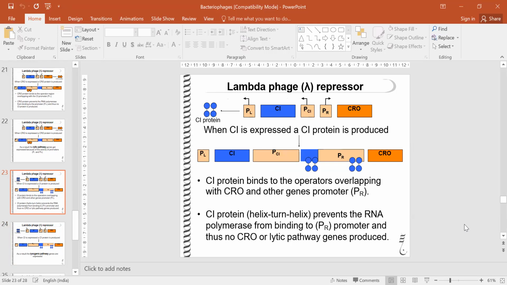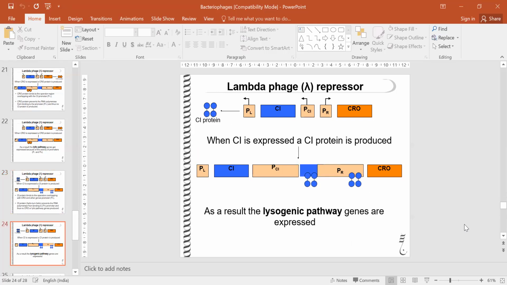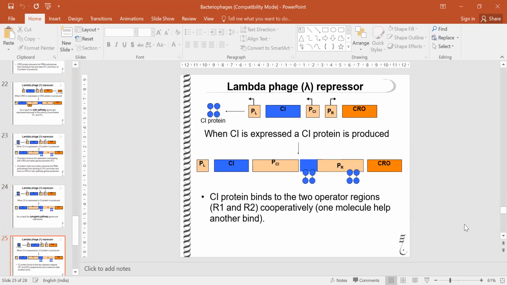The C1 prevents the polymerase from binding to the site of the PR promoter, so there is no CRO protein and no lytic pathway is produced. As a result, lysogenic pathway genes are expressed.